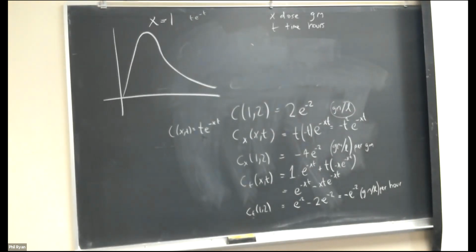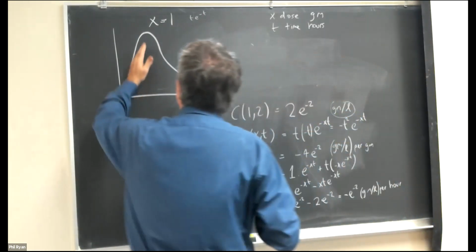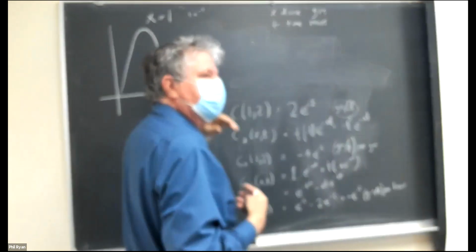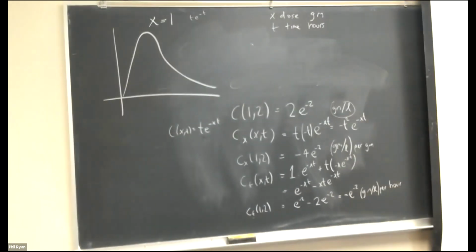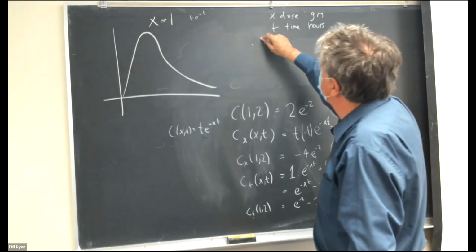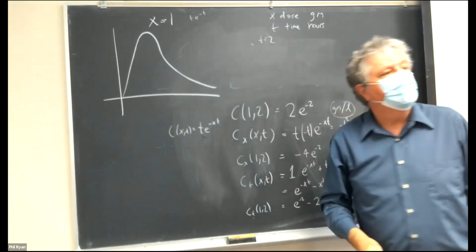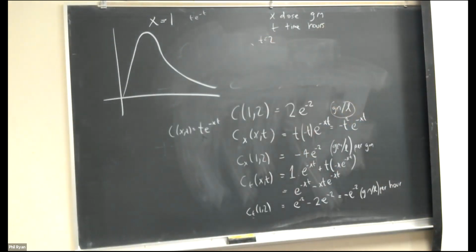Right, so for a fixed dose, the drug comes in, it increases and then it decreases. Or we could look at the other way. We could fix t equals 2. And what that means is we're only looking at what happens after 2 hours into the future.